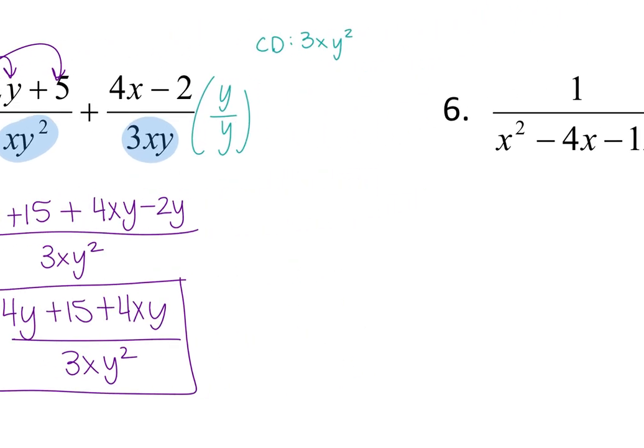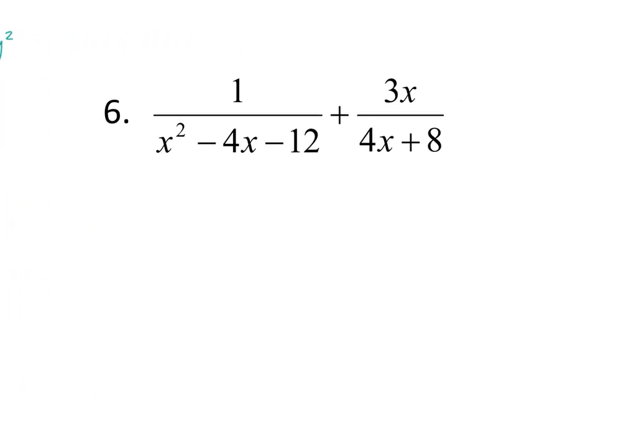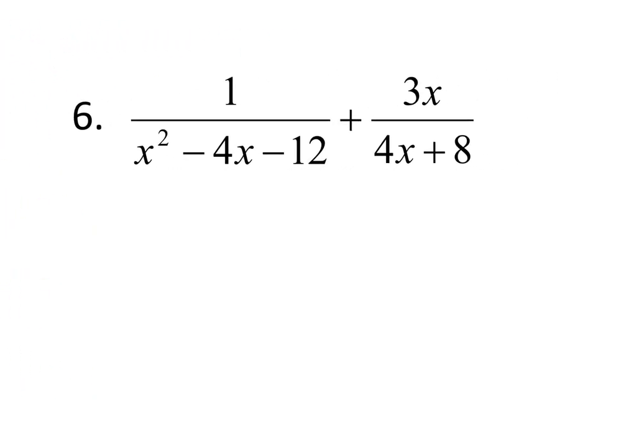Okay, on to the next. To be able to find our common denominator, we always need it in its simplest form. So we should factor first. Factors of negative 12 that add to negative 4 are negative 6, positive 2. And then for our second one over here, let's take out a GCF. So 4x plus 2. Okay, so what do they have in common?